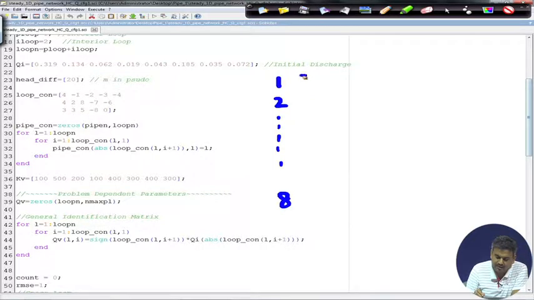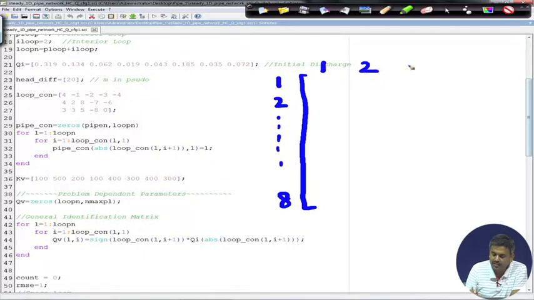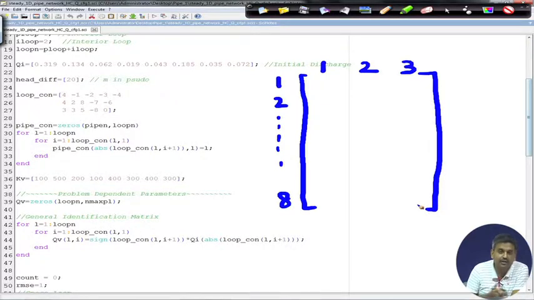In that matrix, we will have a first column which is for the first loop, the second column for the second loop, the third column for the third loop. Why is this required? This is required during our delta QL update.